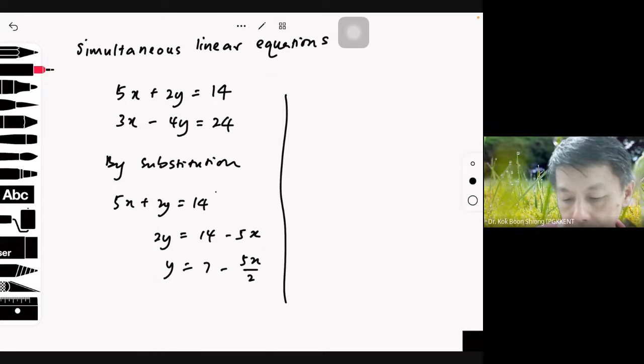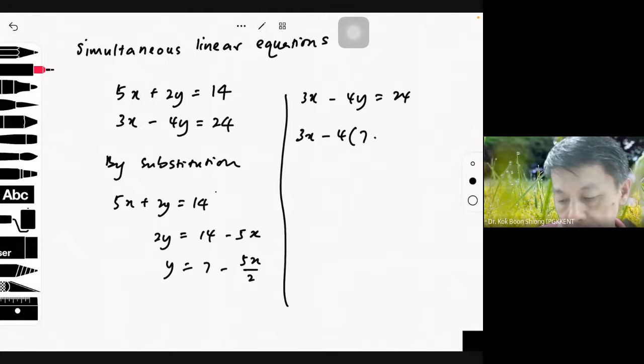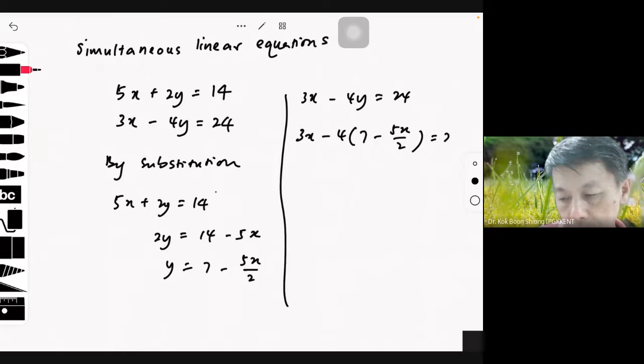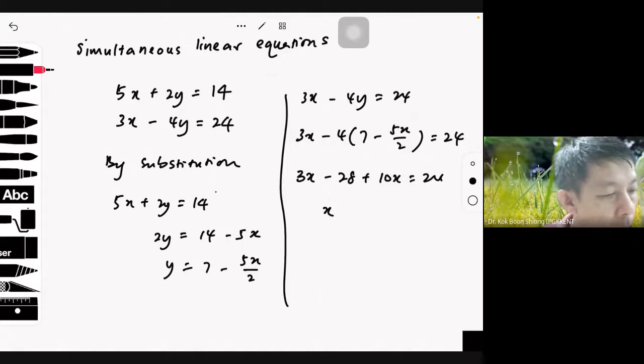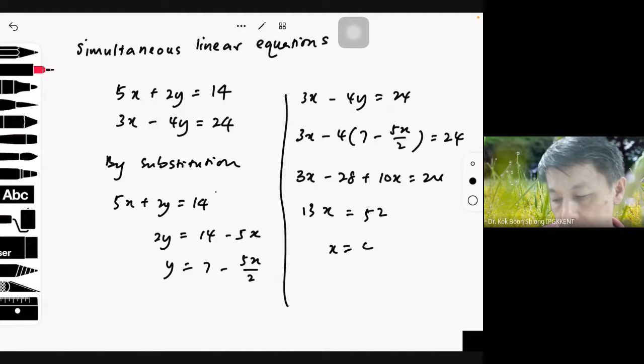So 3x minus 4y equals 24. So 3x minus... what is x here? So x is 4, right?